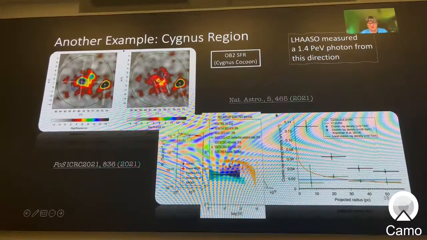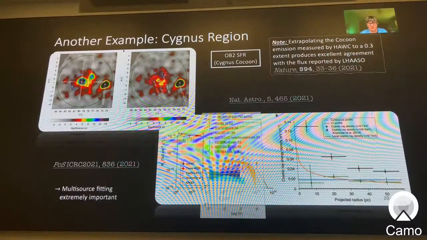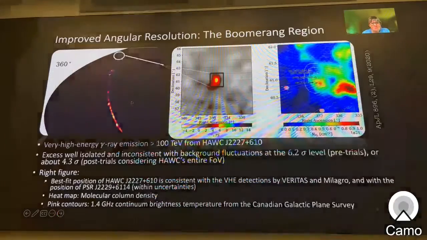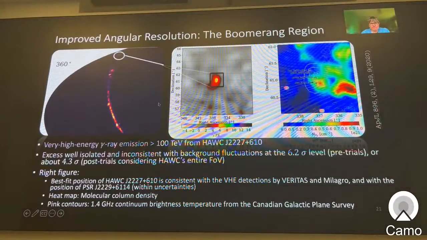So what this shows, again, in a semi-transparent overlay, is that the source data is extremely important.